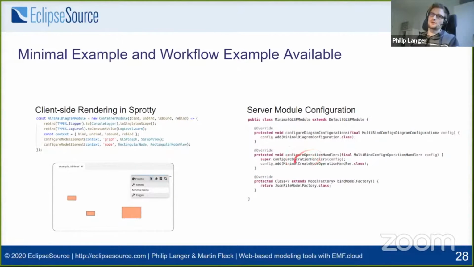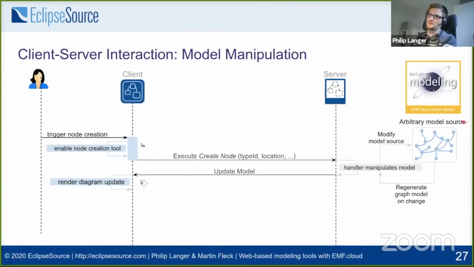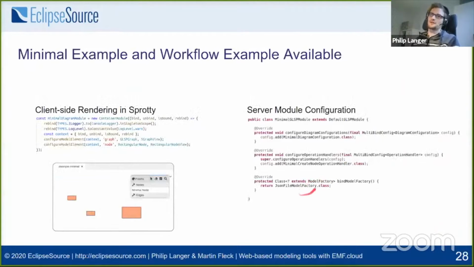And you can configure operation handlers, like here, this minimal create node operation handler, which is an operation handler to create a node. And this is exactly what is then automatically shown here on the left-hand side in the palette. And the last thing you minimally need to specify is where the original model actually comes from. So that's basically the specification of what the model source is. And this is here, in the simplest form, a JSON file that you can just read and translate into a diagram.